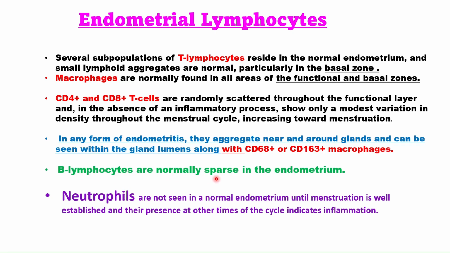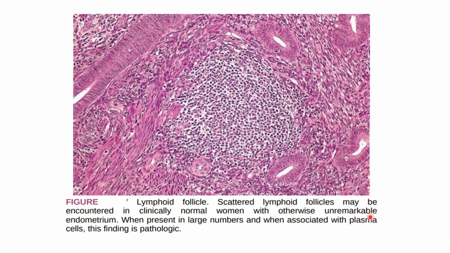B lymphocytes are normally sparse in the endometrium, and neutrophils are not seen in normal endometrium until menstruation is well established. So their presence at other times of the cycle indicates inflammation.